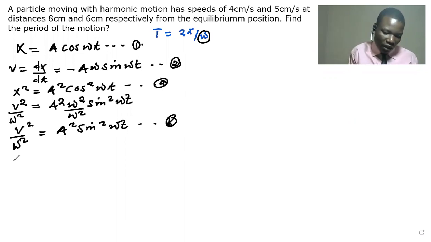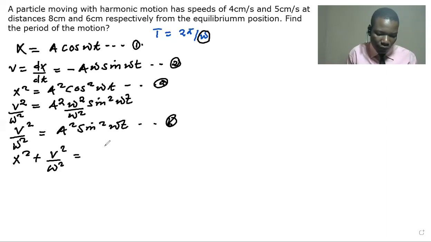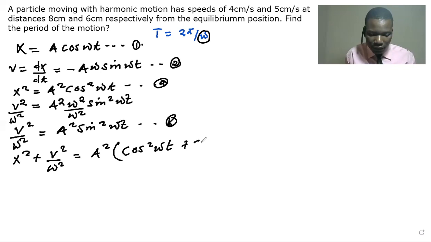So we sum them up, and we have x squared plus v squared over omega squared being equal to a squared. We factor out, and what we know is that this here is equal to 1 according to trigonometry.